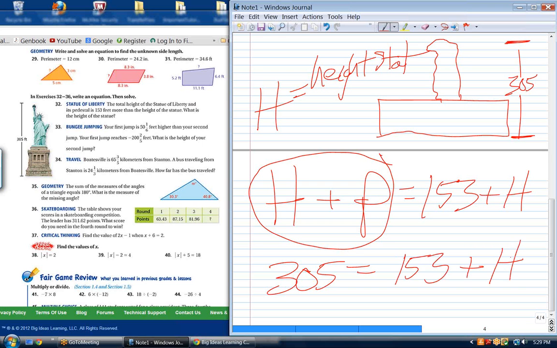And so, plus because it's more. So what's the height of the statue? 305 minus 153. It's 202. Oops, excuse me, it's 152.